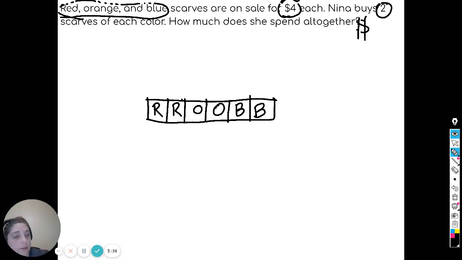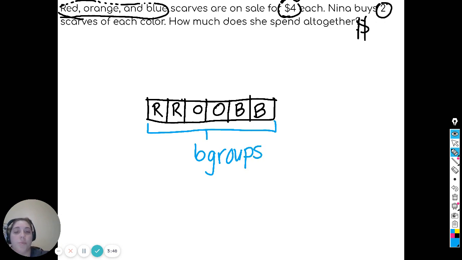Let's go ahead and start labeling this tape diagram. There are 6 groups, right? Because 2 red plus 2 orange plus 2 blue is 2 plus 2 plus 2, which is 6. So there's 6 groups or 6 scarves.